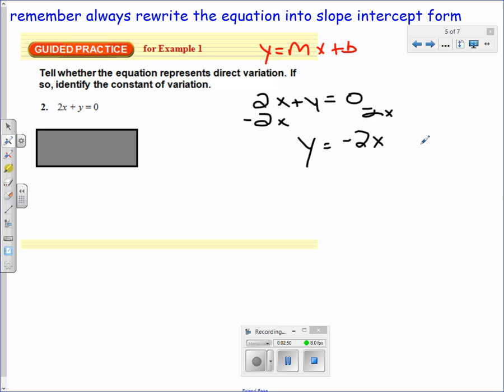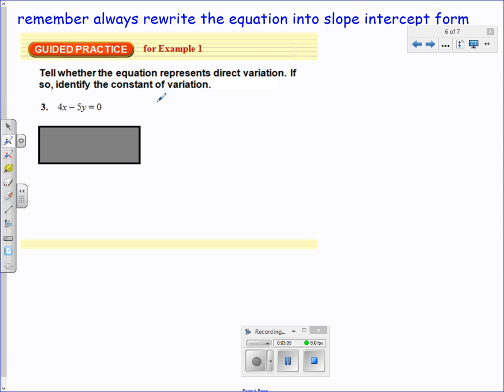In other words, the y-intercept is considered to be 0. So in this case, it is direct variation. And my constant of variation, which is represented with a k, would be negative 2. I always like to write it as a fraction. Your choice, negative 2.